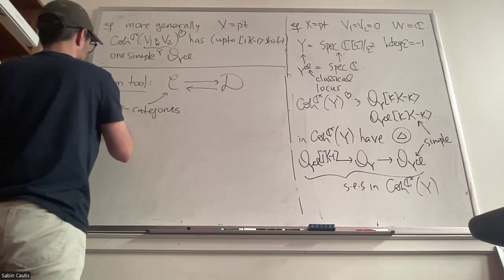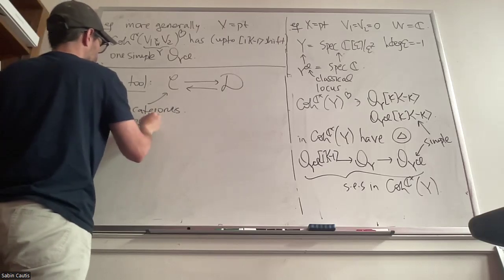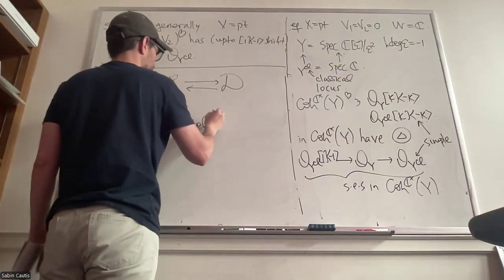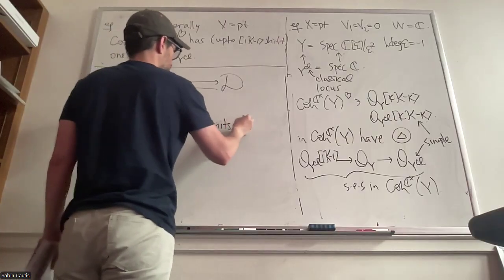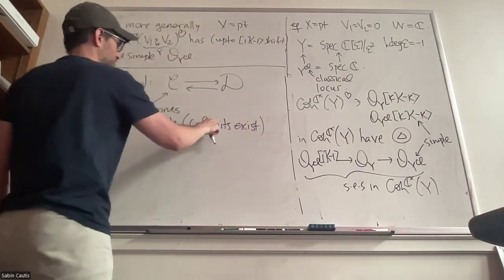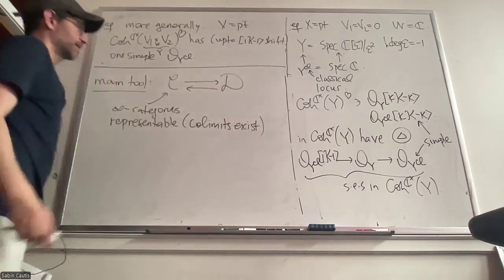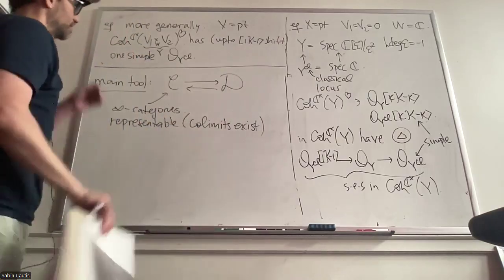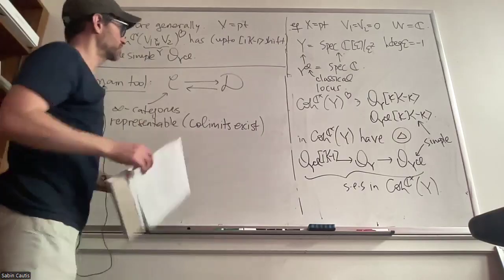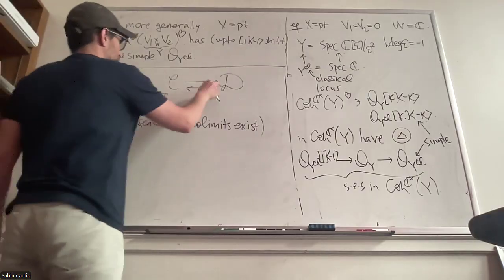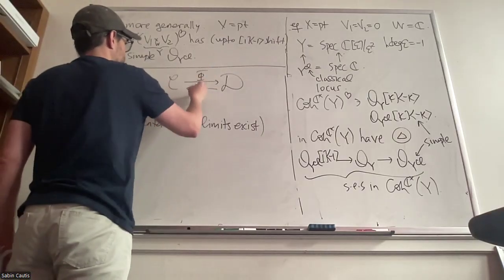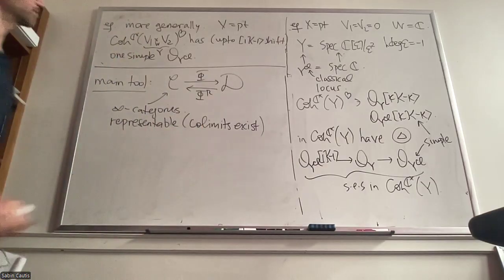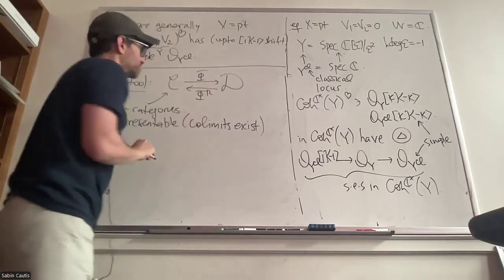And they should be representable. What representable means basically is that co-limits exist. So co-limits means direct limits. So in particular, direct sums should exist, arbitrary direct sums. So these are large categories. So suppose you have two large categories and you have two functors between them, one being the adjoint of the other.